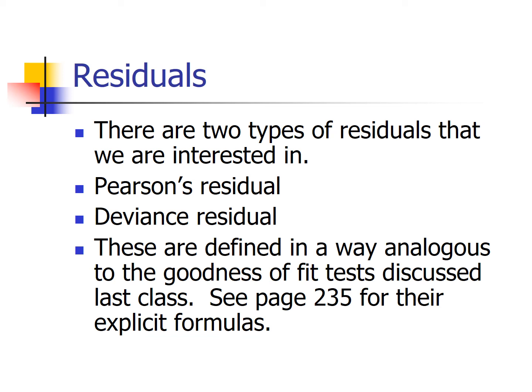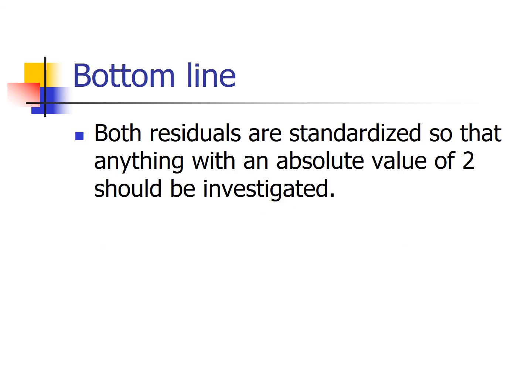These residuals are defined in ways very analogous to their respective goodness of fit statistics. And if you really are interested in the more explicit formulas, you can look it up on page 235 of our textbook. Now, both residuals are standardized so that anything with an absolute value of 2 we might consider investigating.